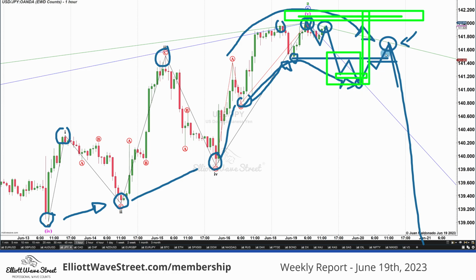Huge mistake. But if we wait for that test and it successfully proves that there are sellers at lower prices, we can take the trade there. And we are using the Elliott Wave theory along with the supply-demand techniques and market structure.